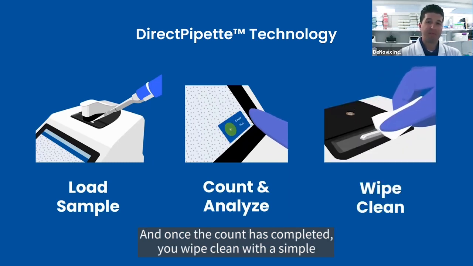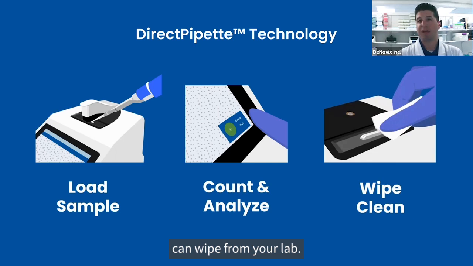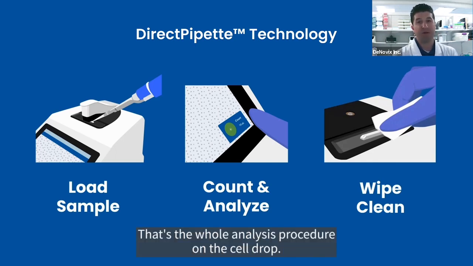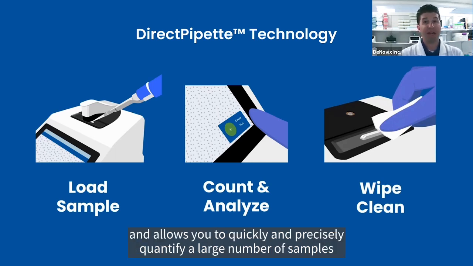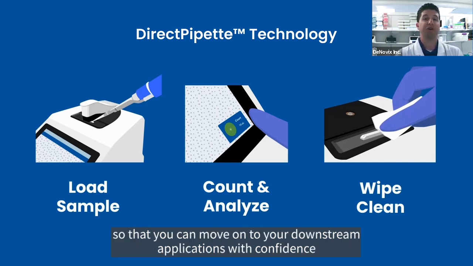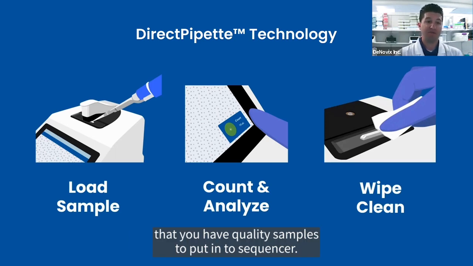And once the count has completed, you wipe clean with a simple Kim wipe from your lab. And that's it. That's the whole analysis procedure on the Celldrop. So in general, this takes less than a minute and allows you to quickly and precisely quantify a large number of samples so that you can move on to your downstream applications with confidence that you have quality samples to put into the sequencer.